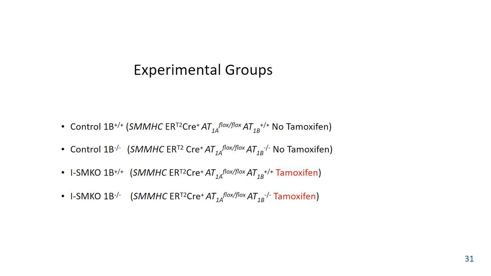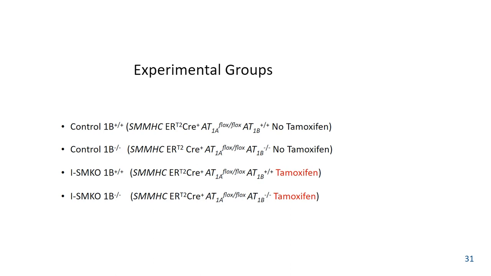The SMKO is the inducible smooth muscle knockout, and we have 2 flavors, one with the AT1B receptor and one without. This allows us to answer several questions, one of which I didn't even pose: is there some alteration in a mouse that had a constitutive knockout, like in the other SMKOs, or is there a difference when you just knock it out de novo as an adult?